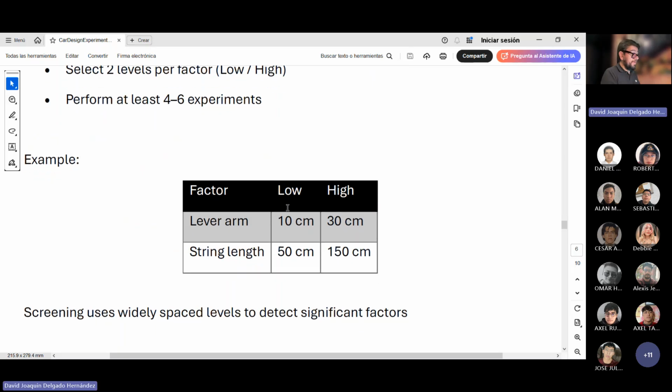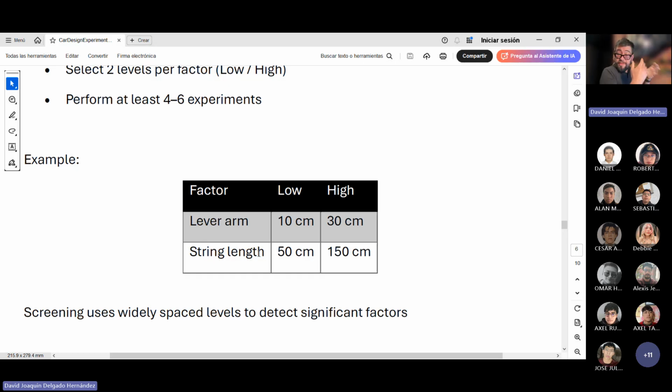For instance, you can try the lever arm 10 and 30 centimeters to see whether this actually has an impact on the distance that your car moves, okay? Or the string length. You can use 50 centimeters or 150 centimeters.